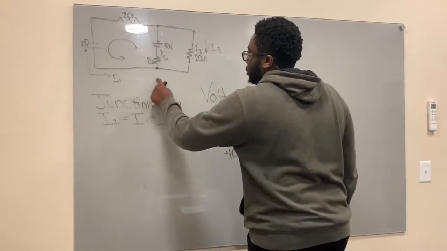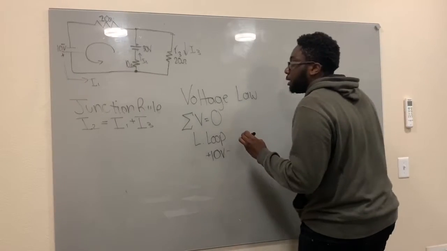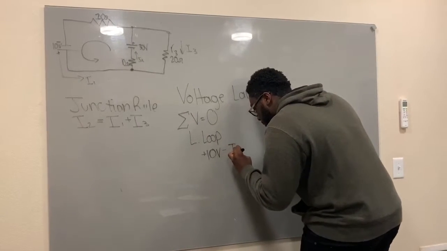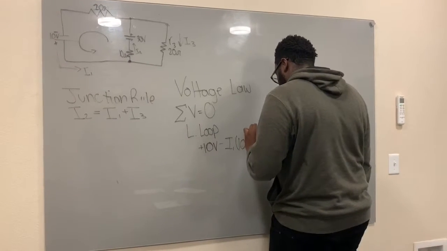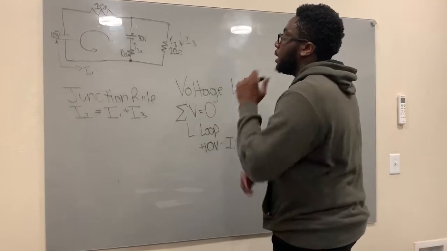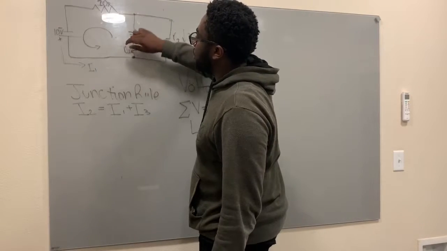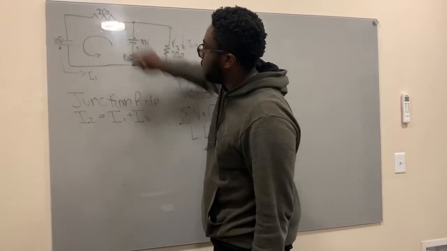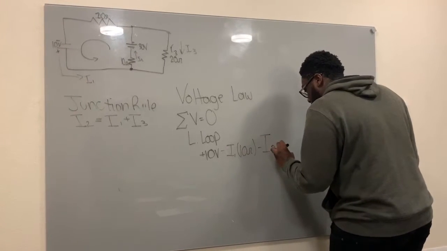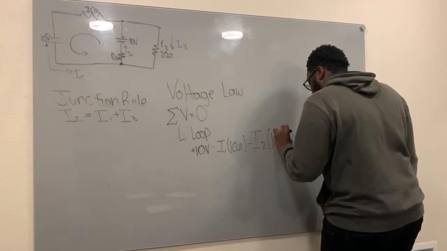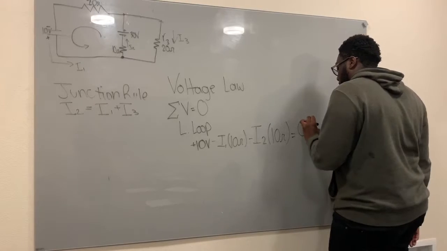So minus I1 times 10 ohms. And then we have I2 traveling this way, and our loop follows that current still, and will also be negative. So we'll have minus I2 times 10 ohms. And all of that is equal to 0 because of the voltage law.